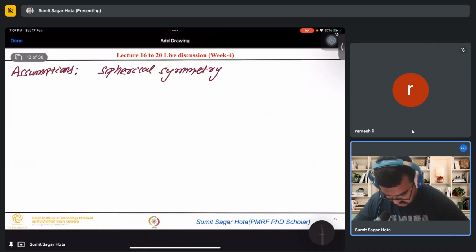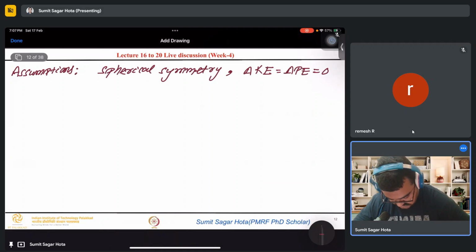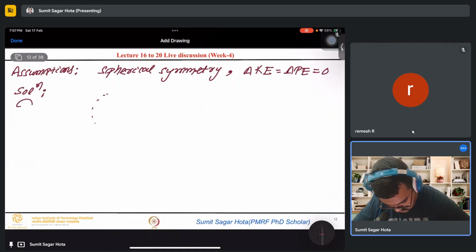A sphere is symmetric everywhere, but for a flame we cannot say that it's symmetric, so that's the reason we are assuming it as purely symmetric everywhere. This is your flame front.